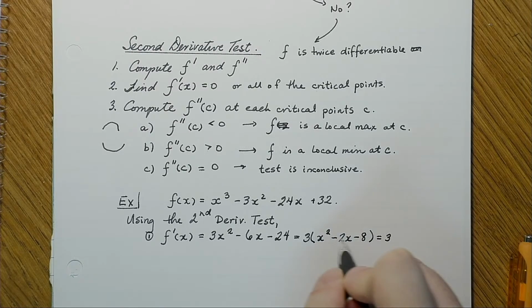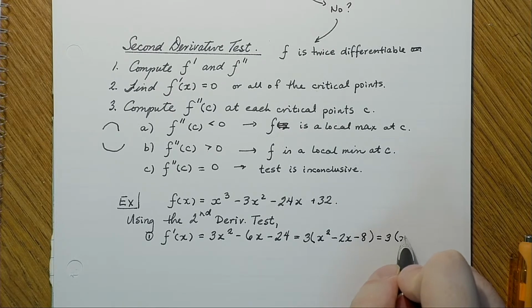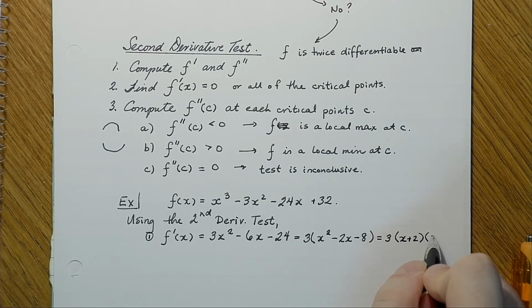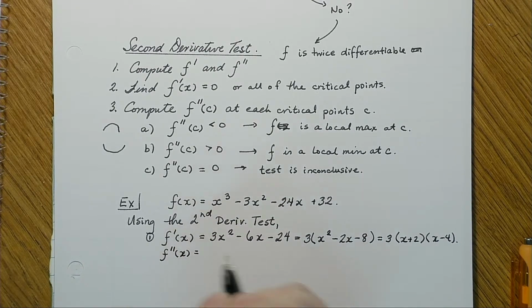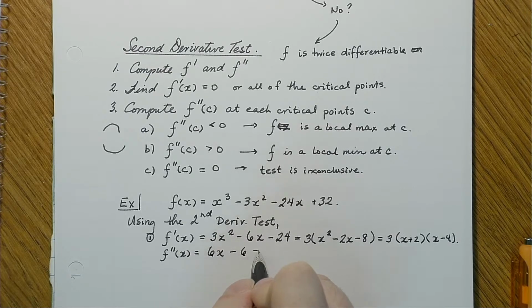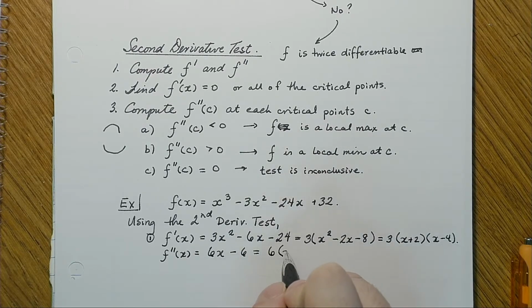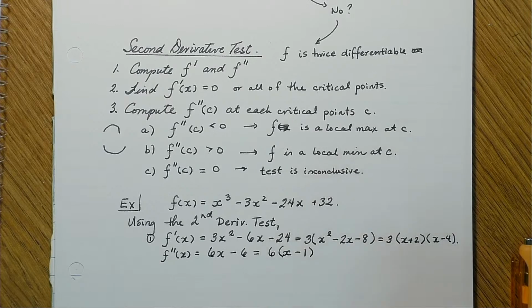I'm just factoring this trinomial here. Then the next thing is we can take the derivative again. So I got 6x minus 6. I can factor out that 6 to leave me with x minus 1.